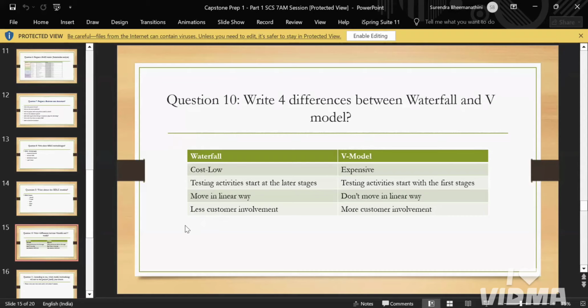For example, waterfall is low cost and V model is expensive; waterfall moves in a linear way, V model doesn't move in a linear way; waterfall has less customer involvement and V model has more customer involvement; in waterfall testing activities start at the later stage, and in V model testing activities start at the first stage. Like that, you need to write down these four differences between waterfall and V model in the 10th question.